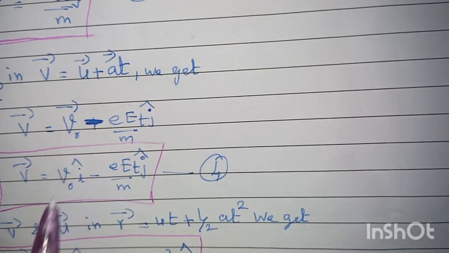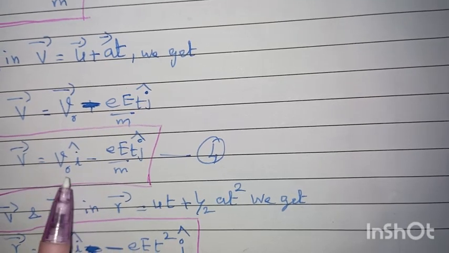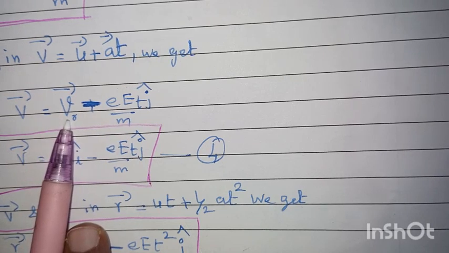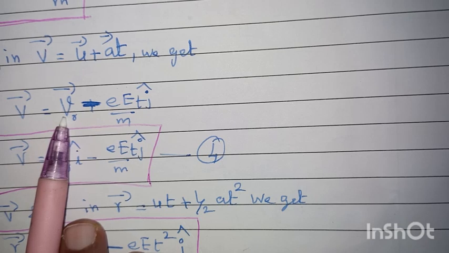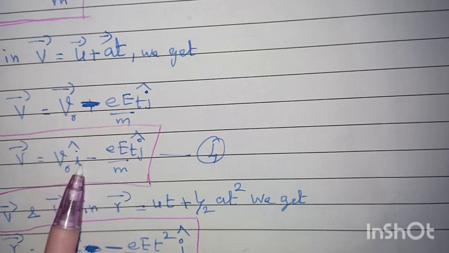Now this v0 vector can be written as v0 into i cap, because v0 is purely along the x-axis and its y and z components are 0. So v0 vector can be written as v0 into i cap.